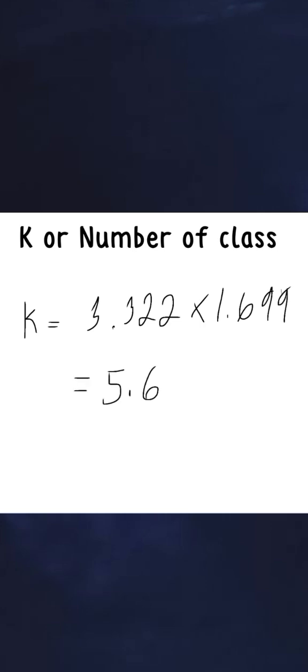Then we find the value of log 50, which gives us 1.699. Then we multiply it by 3.322, which gives us 5.644. Then we add 1, which gives us 6.644. We're going to round that up and that will give us 7. So the K for SBP is equal to 7.